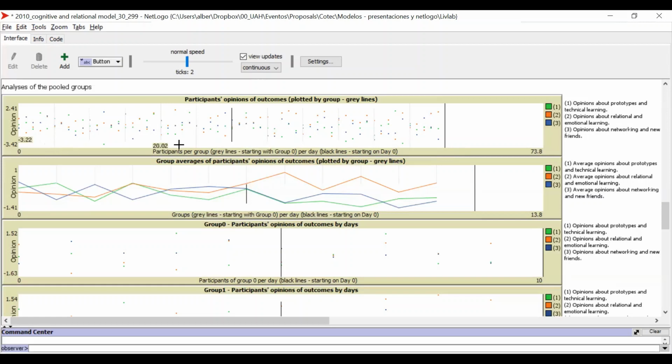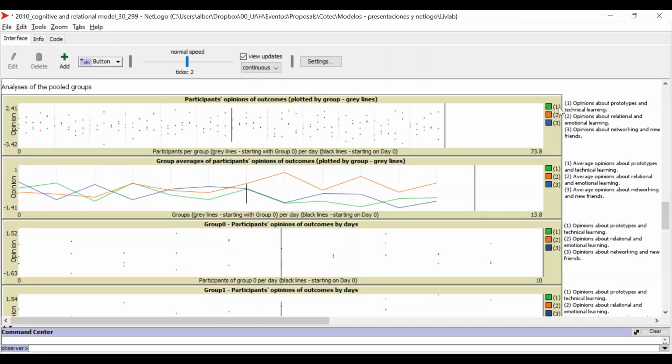Again, if this is group 0, we can compare group 0 against group 0, or group 0 against any other groups in any of both days. Also, we can compare the participants in each of the groups. Each of the participants is represented by 3 dots.